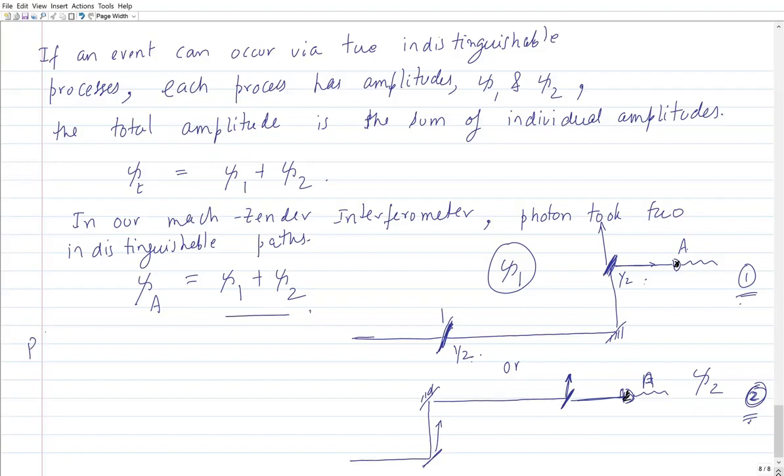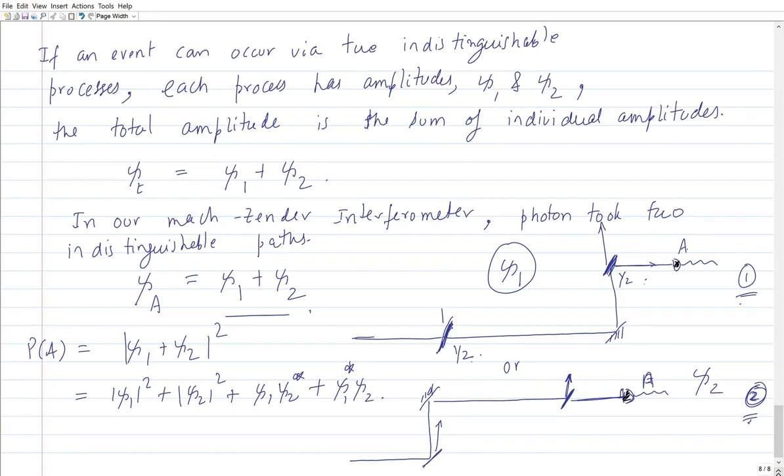And the probability now of A is simply given by the absolute square of this, which is nothing but modulus of psi 1 plus psi 2 squared, which is psi 1 squared plus psi 2 squared plus psi 1 psi 2 complex conjugate plus this term.